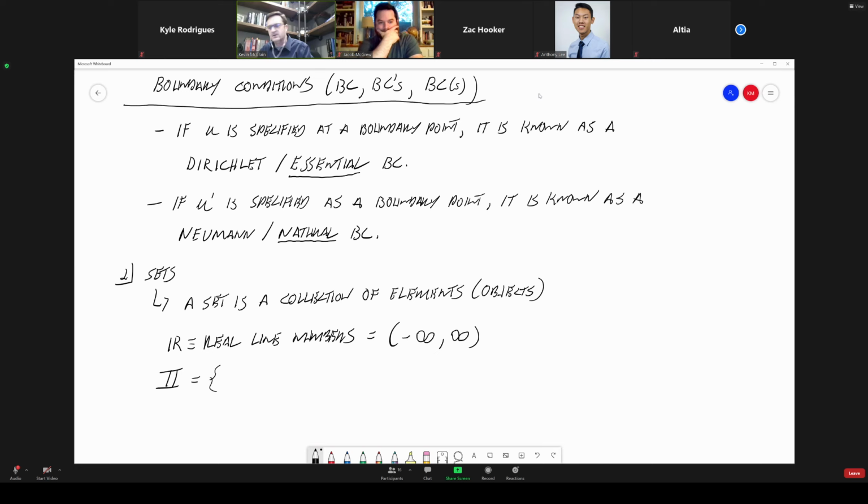This is a set of integers. This is positive integers or natural numbers.